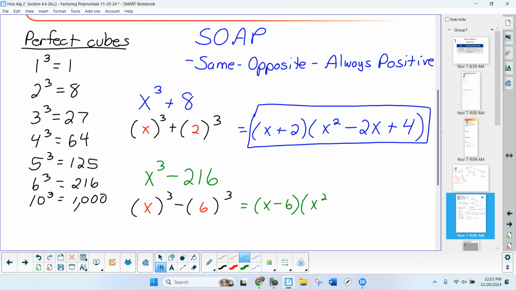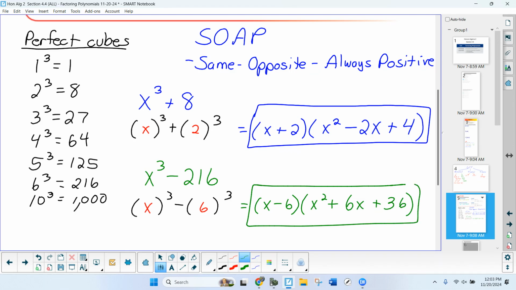This was a minus b, same sign. Now square this. Now opposite sign, so same, opposite. Now multiply them, 6x, always positive, square that, 36. And you're done, because the first one is linear and the second one will not factor. There's nothing that multiplies to give you 36 that adds to give you 6. Thoughts on this? Heard some sighing. Okay, turn it over.